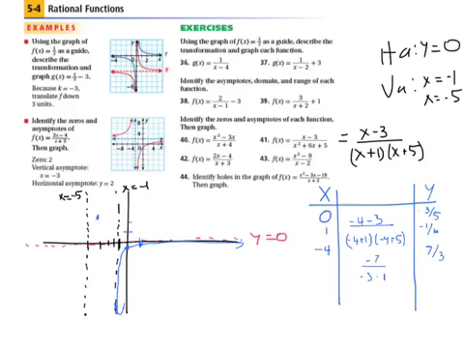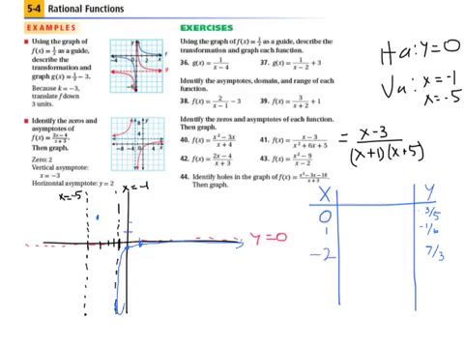Now, I'm going to go closer to my other asymptote so I can see how it reacts. Let's pick -2.